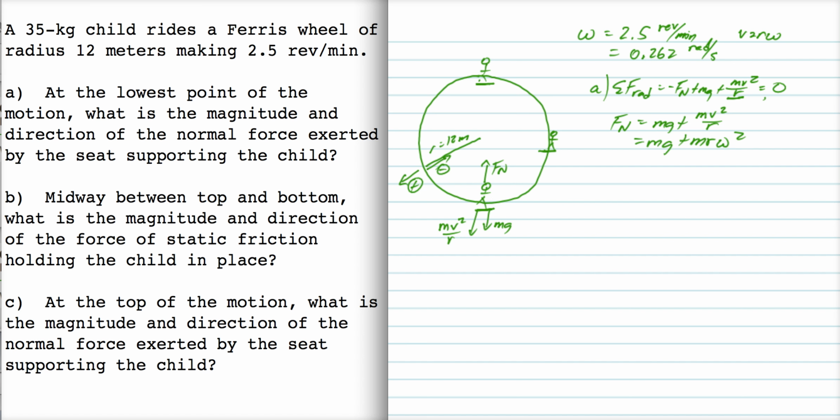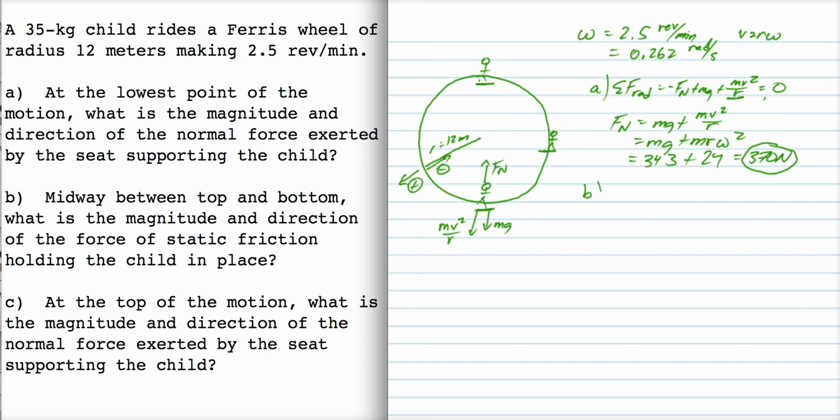So I can make that substitution. Working out mg is 343, because the mass is 35 kilograms, so 35 times 9.8. And then m r omega squared is 29. So that adds up to 370 newtons. There's the normal force at the bottom of the Ferris wheel.